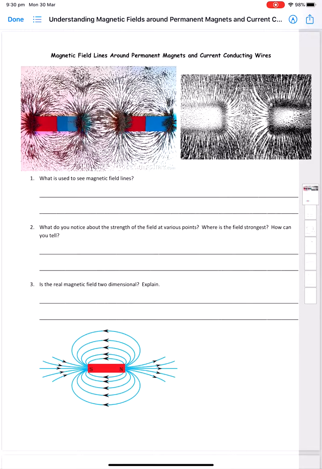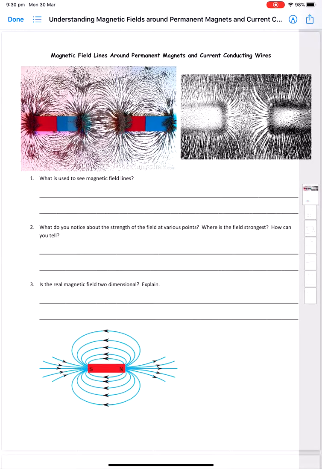But first, let's look at something hopefully very familiar to you, and that is the magnetic field lines around a permanent magnet. So the first question is, what is used to see a magnetic field line? Hopefully most of you know iron filings, but I also want to remind you of two other elements that are magnetic.